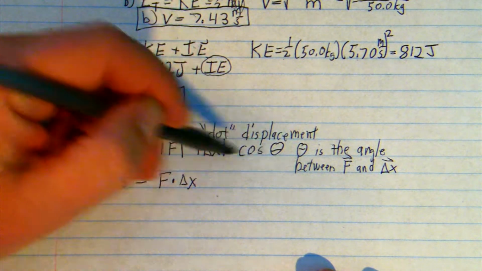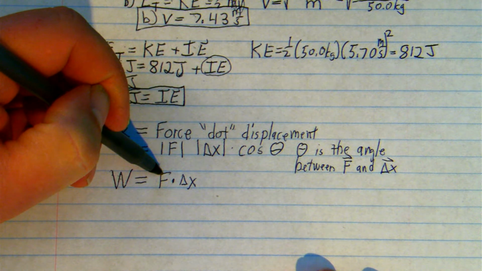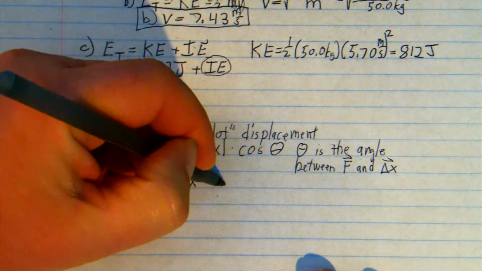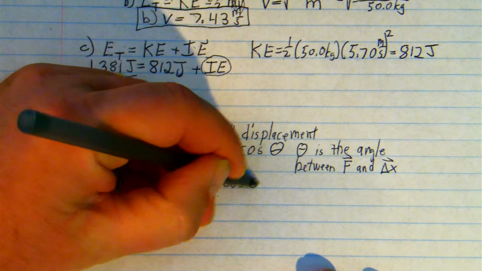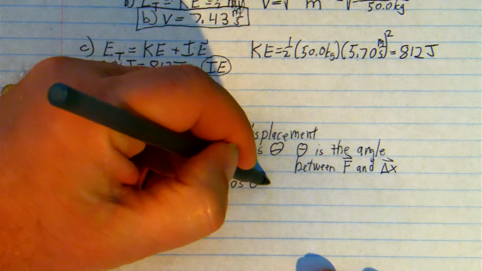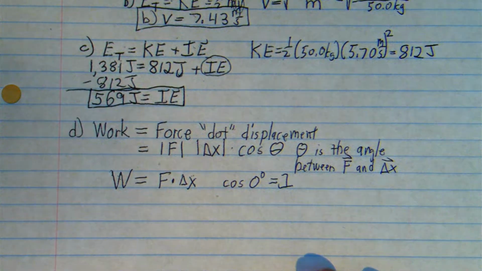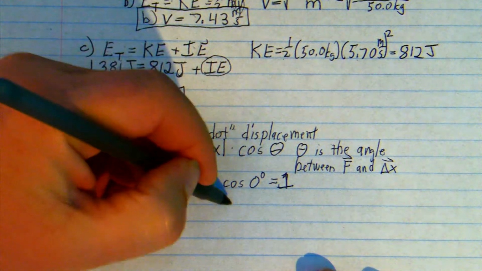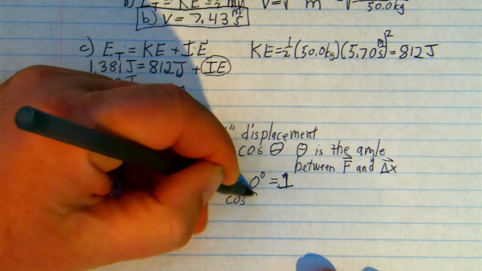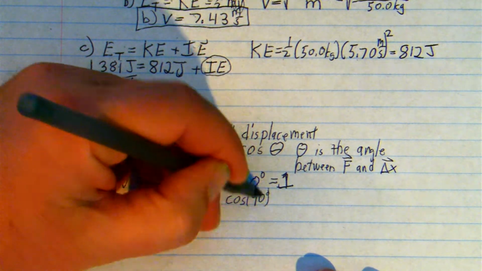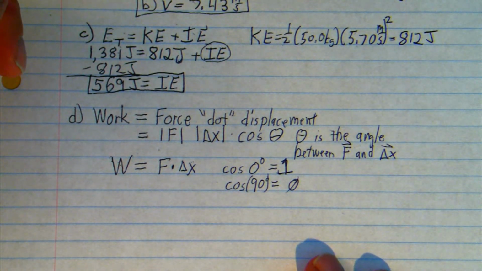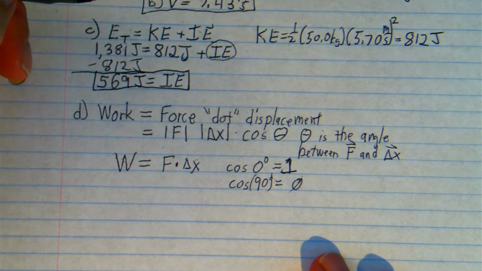And the angle is between the direction of the force and the direction that it moves. A reminder that if they're in the same direction, the cosine of 0 degrees is 1. Imagine that that's the number 1, badly written. If they are perpendicular to each other, then no work is done because the cosine of 90 degrees is 0.